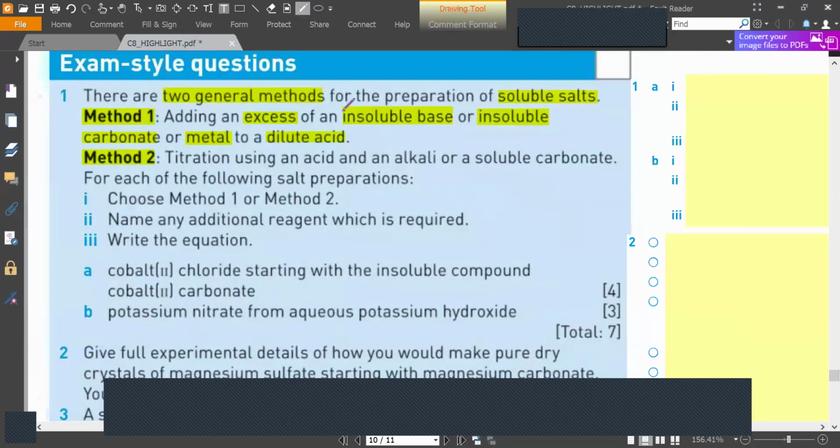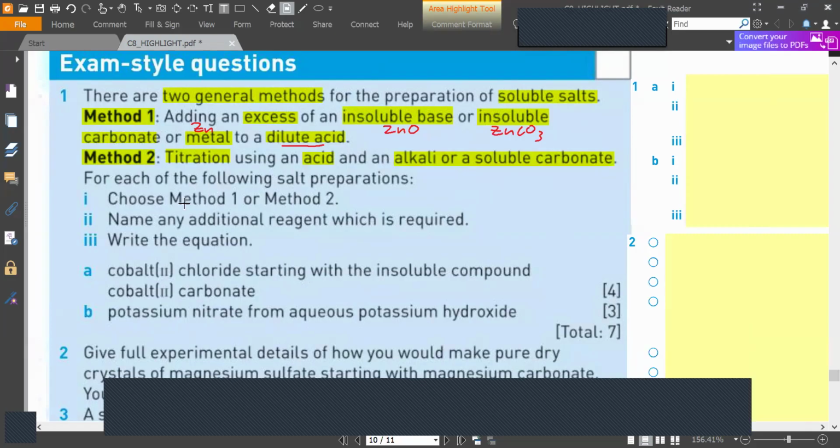For example, zinc oxide, zinc carbonate, or zinc metal added to the dilute acid. The second method is titration using acid and alkali, or a soluble carbonate.